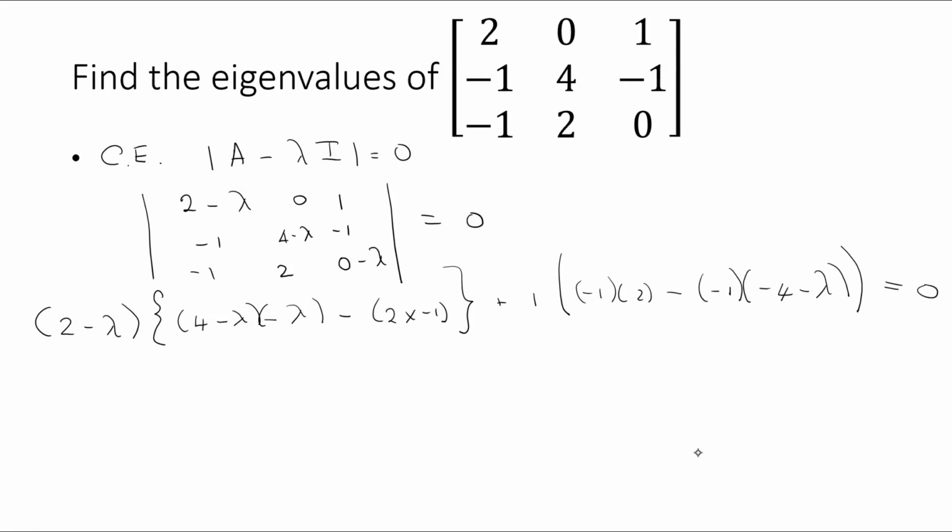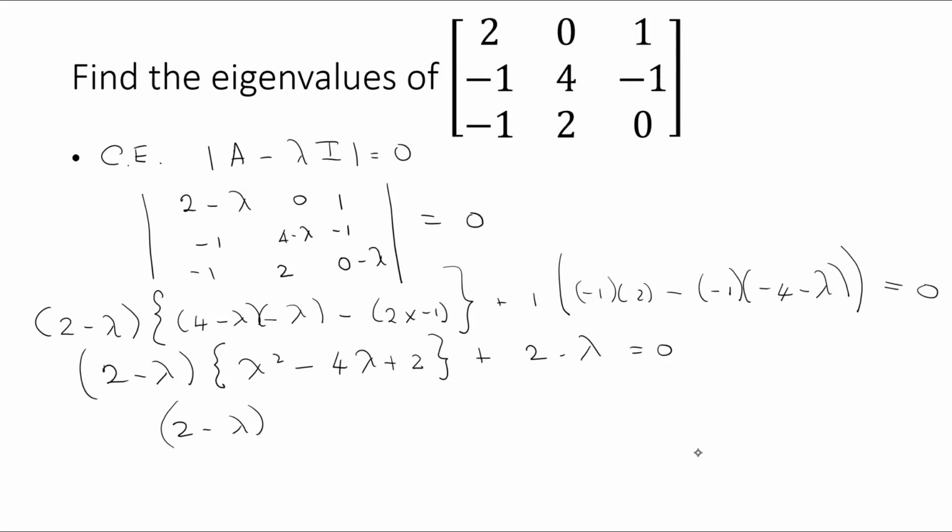Now this just kind of works out. What's left in the first bracket would be lambda squared minus 4 lambda plus 2. And then the second term becomes 2 minus lambda. We're still looking for where that's equal to 0. And putting that all together, we get lambda squared minus 4 lambda plus 3 equals 0.